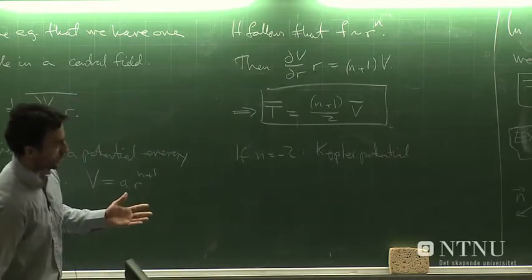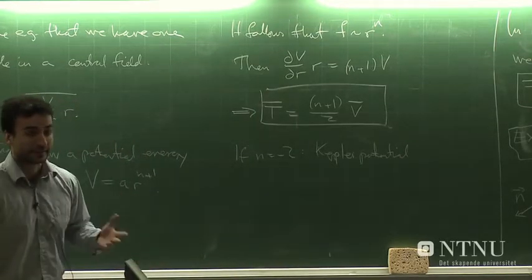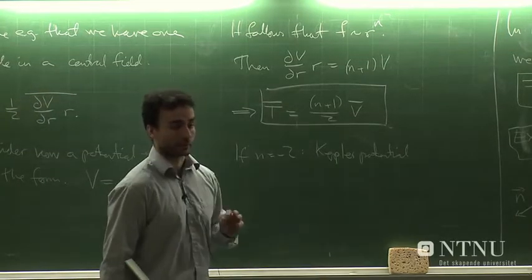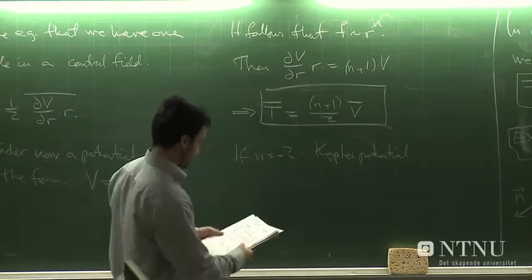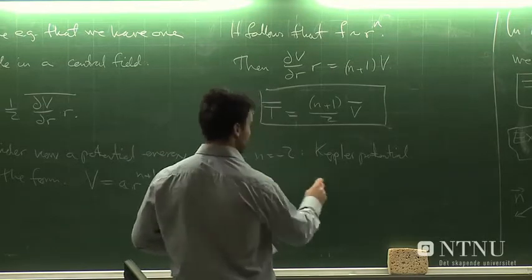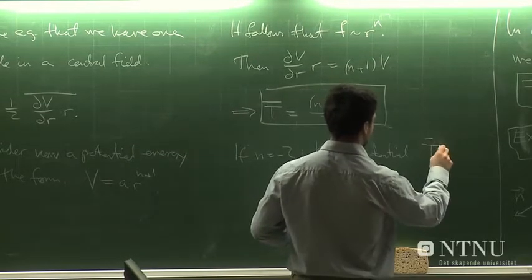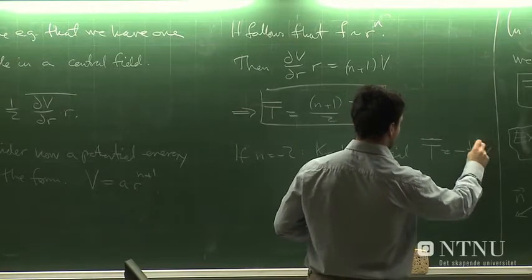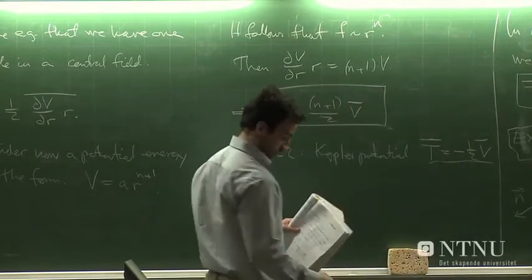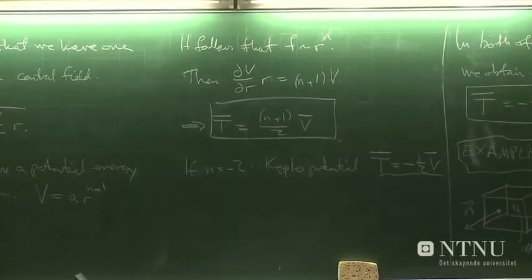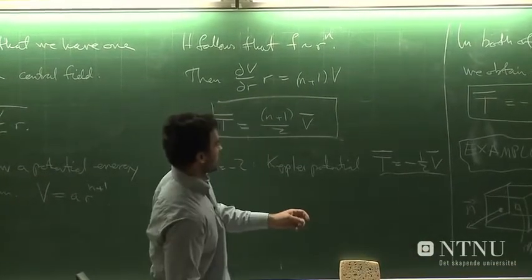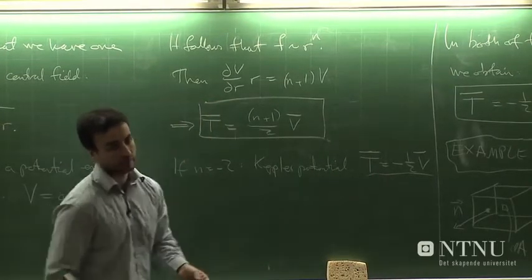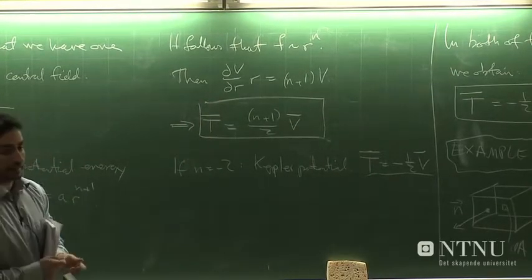So if n is equal to -2, for instance, we have a so-called Kepler potential. And the Kepler potential is something we're going to consider in much more detail. In this case, we obtain a factor of -1/2, relating the kinetic and the potential energy.